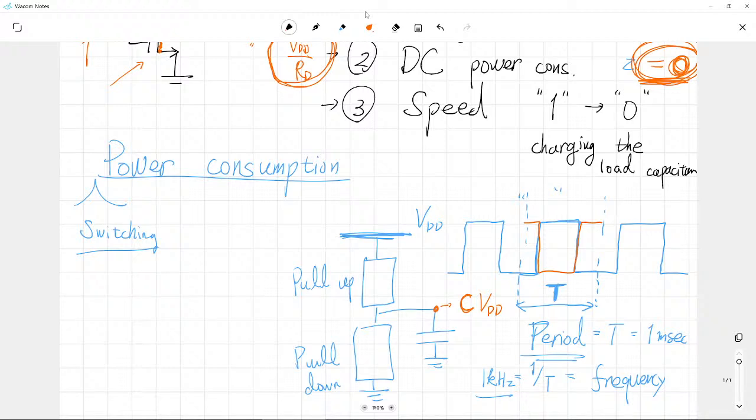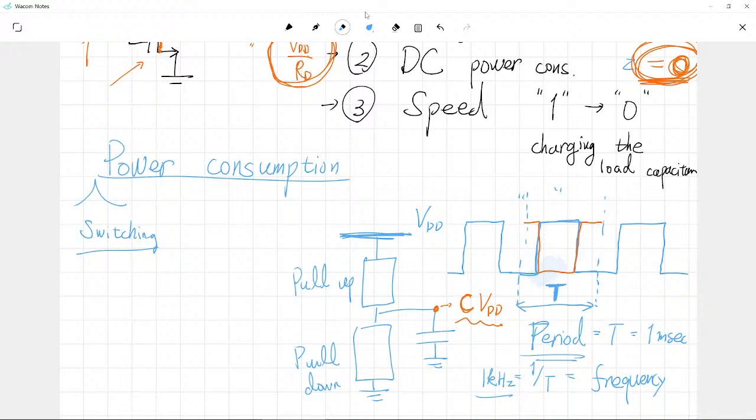So this charge, of course, the charge stored in this capacitor, can be a function of time. Sometimes it can be 0, sometimes it can be 1. However, when we just consider one single period, it can always be thought of this way.